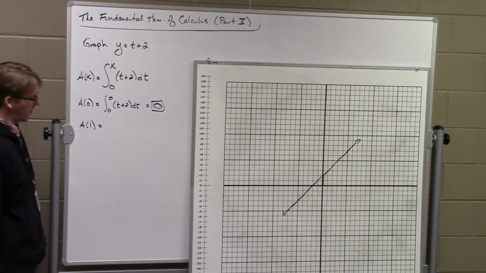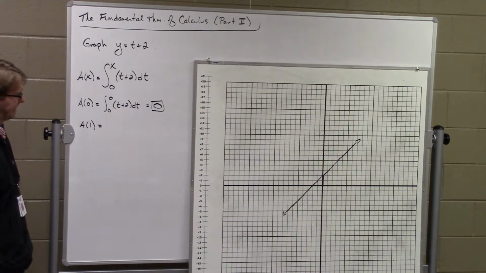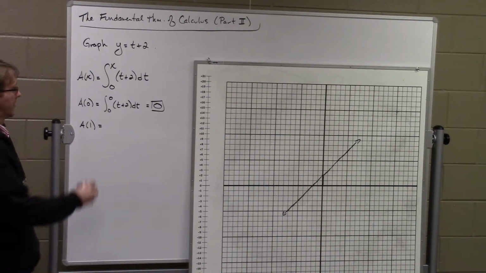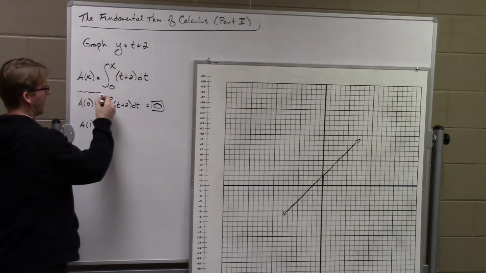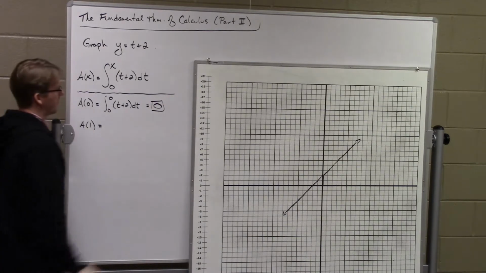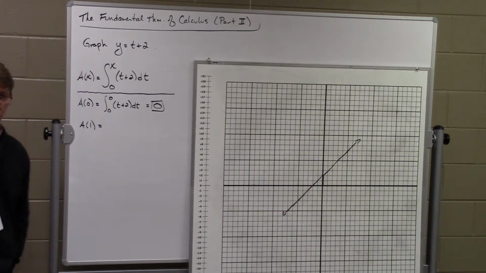What is A of 1? There are two ways to do this, by the way, and I heard you say something which is leading towards one way. Okay?